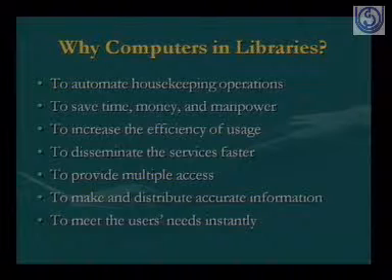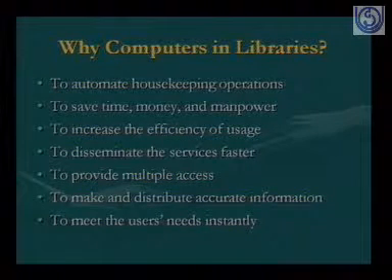Then to disseminate the services faster. I have already informed you about this, dissemination of services. In modern society, the users need information within no time because they know how to browse the documents, how to search the documents, what material they want.